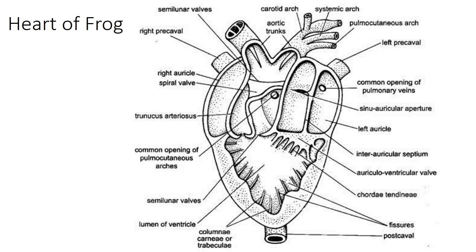The tapering portion is what is known as ventricle. Blood flows from the right auricle and left auricle into the ventricle and leaves through the truncus arteriosus.